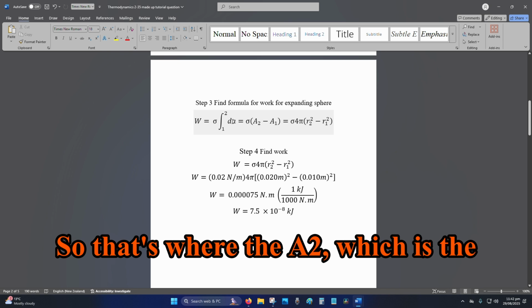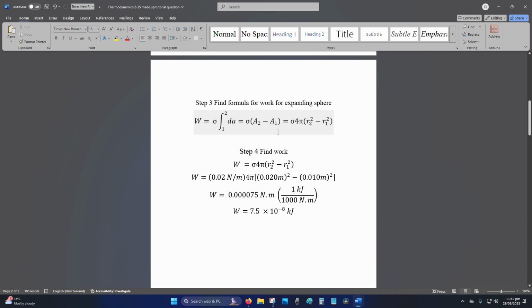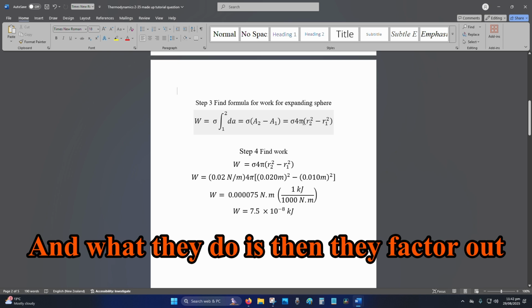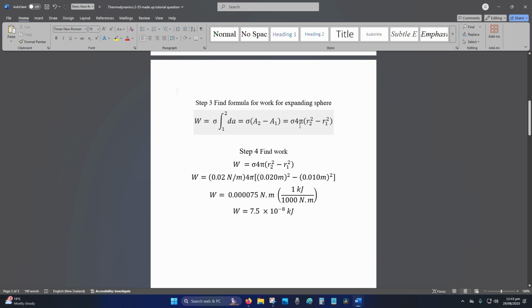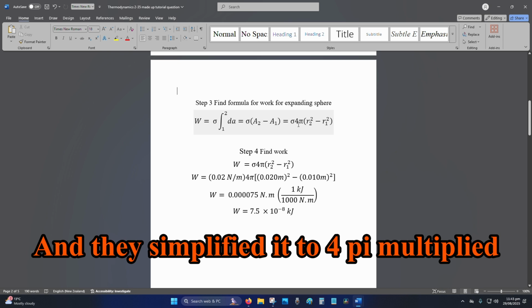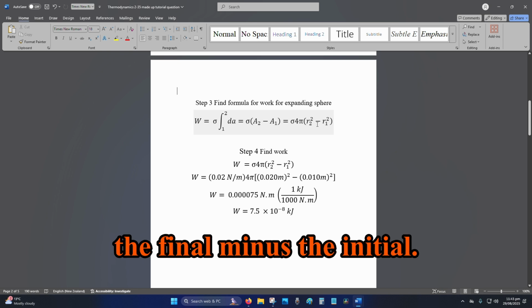So that's where the A2, which is the final area, minus the A1, which is the initial area. And what they do is then they factor out the area, since it is a sphere, and they simplified it to 4 pi multiplied by the radius squared of the final minus the initial.